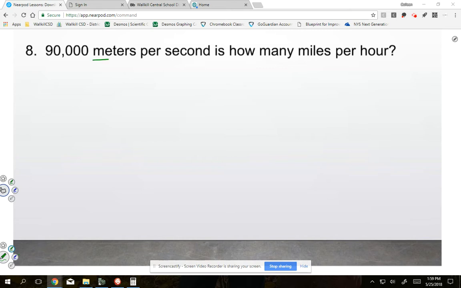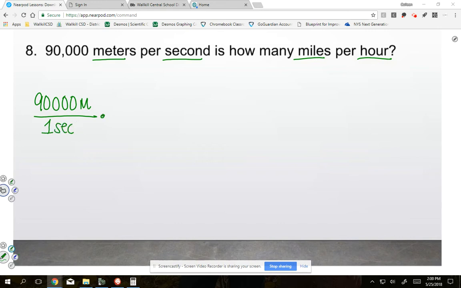I'm changing meters to miles and seconds to hours. So it's the same process, but we have to do double the work. We have to do 2 conversions. So we start with 90,000 meters. We're going to use M for meters, MI for miles, over 1 second.